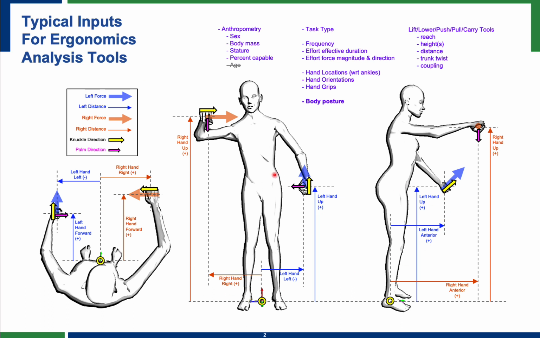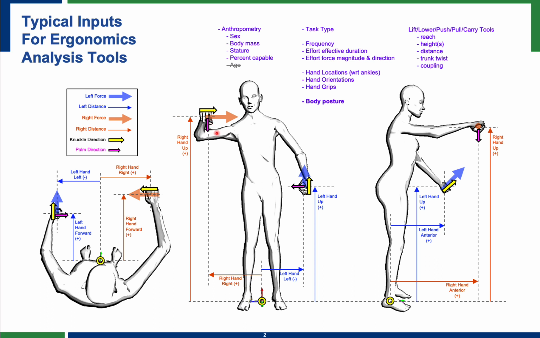And in these diagrams, and throughout Works, you'll see that the right is indicated in orange and the left is indicated in blue. Here we can see in the yellow arrows the orientation, sort of the knuckle direction, so either going to the person's left or upwards. And then these pink arrows show the direction of the palm. So these are some of the things that you'd need to know.